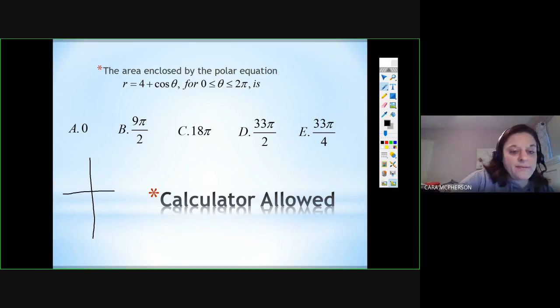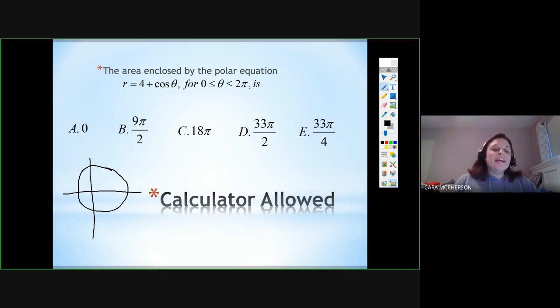So this one, if you graph it, it looks a little distorted on the calculator, but it's actually a circle that just isn't centered at the pole. So it looks like this. That's a horrible circle, but it has this circular look to it. So it is going all the way around from 0 to 2 pi, which is why they just give you those boundaries.